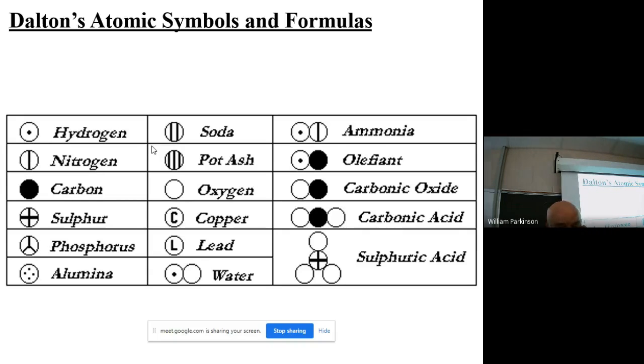But once again, if you were to dissolve what they're showing in water, then you would have the correct formula for sulfuric acid. So this is what we would call sulfur trioxide, and sulfur trioxide dissolved in water does make sulfuric acid.